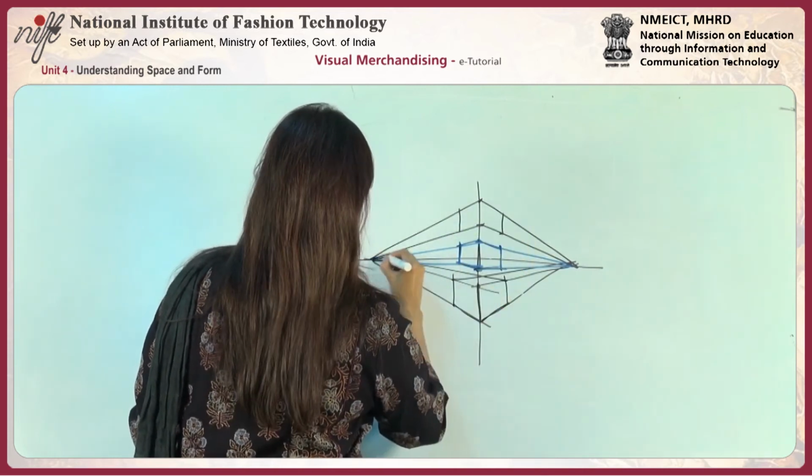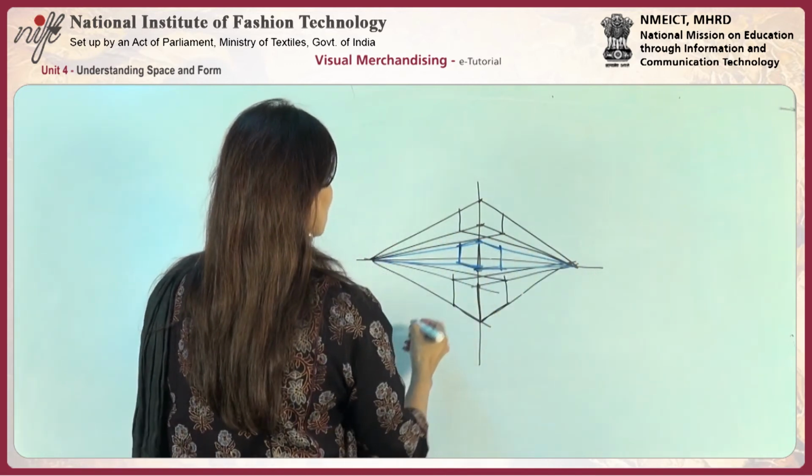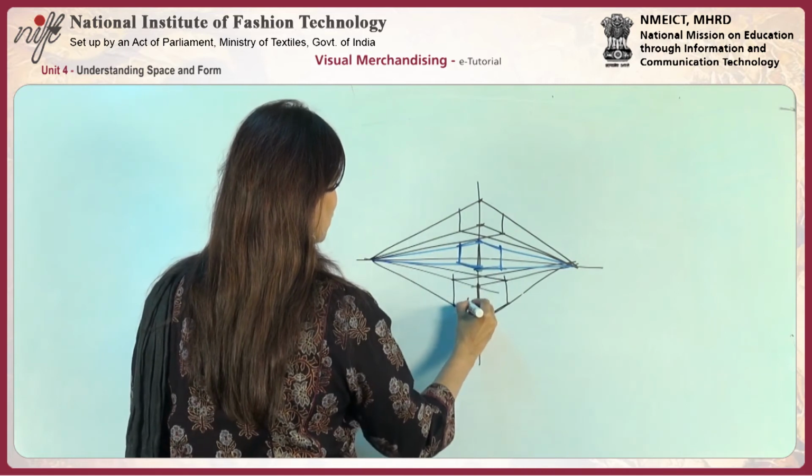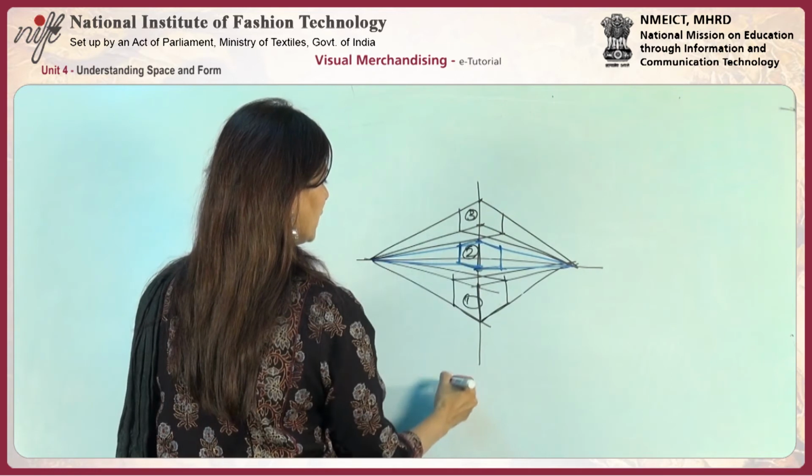And these points would get vanished to this point, would get vanished to this. So this is my box 1, box 2 and my box 3.